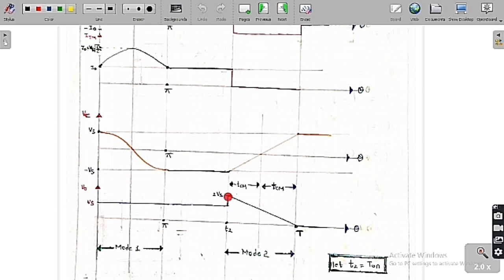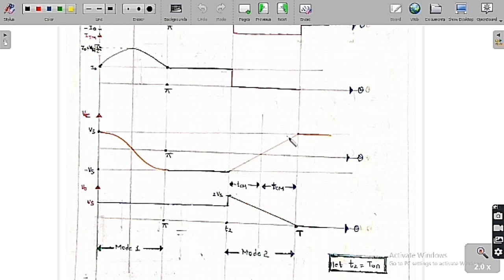So we are going to get 2Vs, and as the capacitor voltage increases, as you can see clearly, the output voltage goes on decreasing. As the capacitor voltage increases, this value, the output voltage, goes on decreasing.